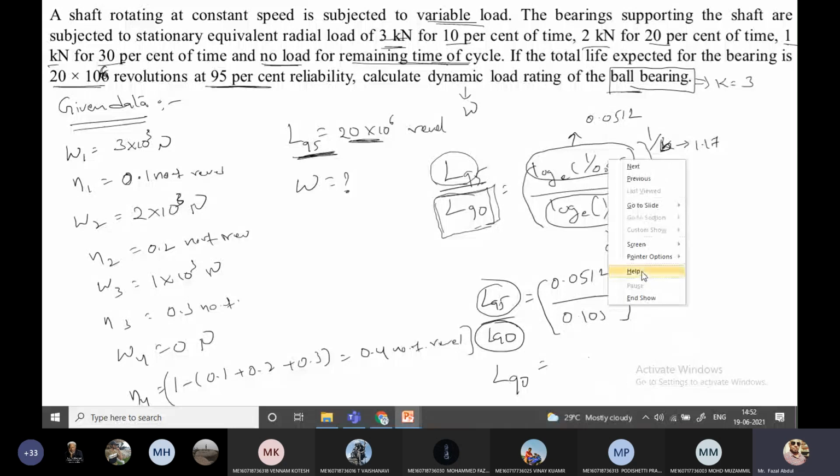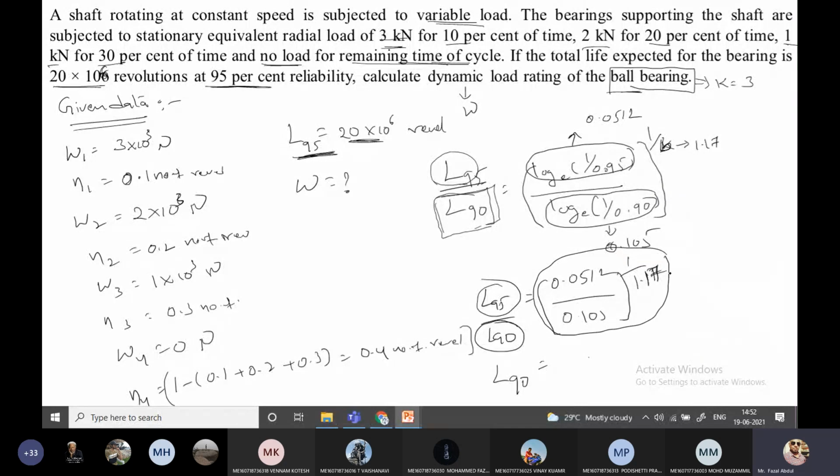First tell me this ratio value, 0.0512 by 0.105, power 1 by 1.17.